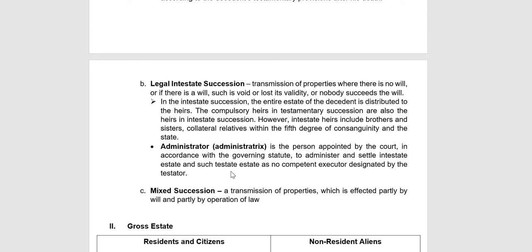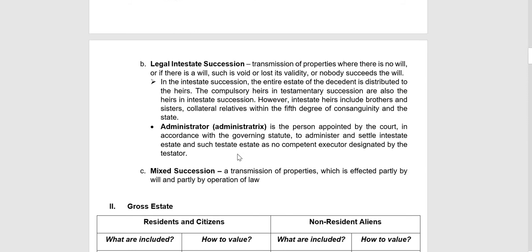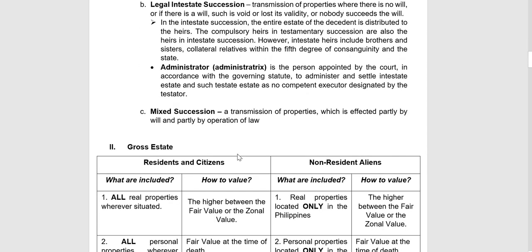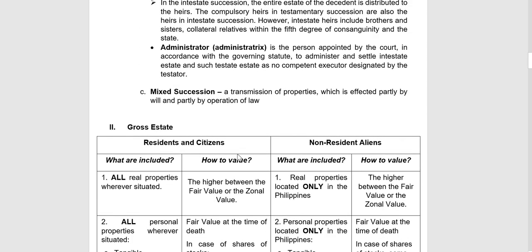Let's proceed to the computation na of the estate tax. But to start with, let's discuss muna the gross estate. So, what comprises the gross estate of the decedent? So, the gross estate of a decedent, magdepende siya if the decedent is a resident and citizen or non-resident alien.